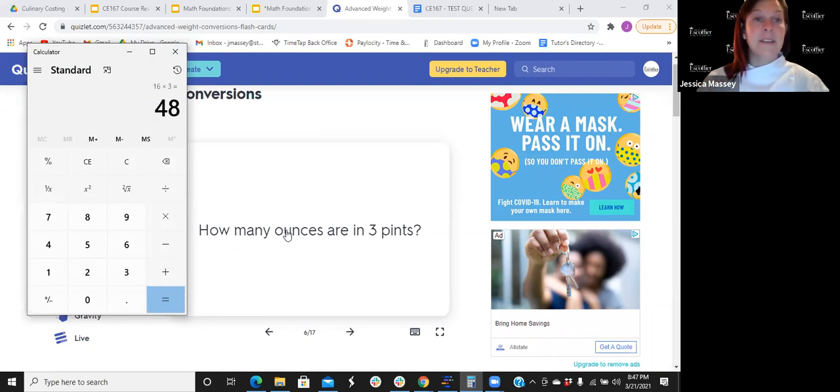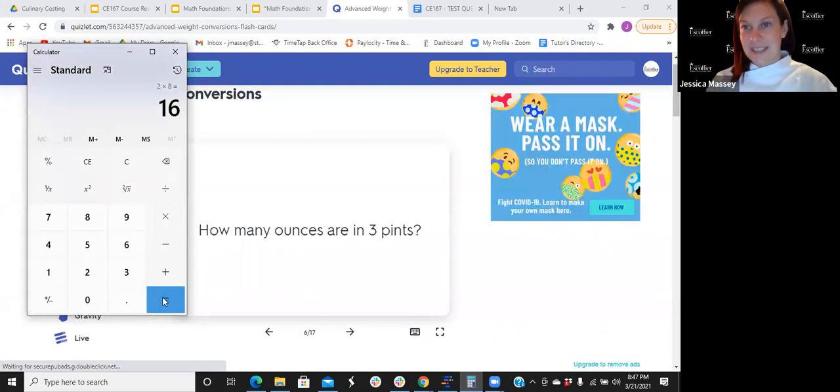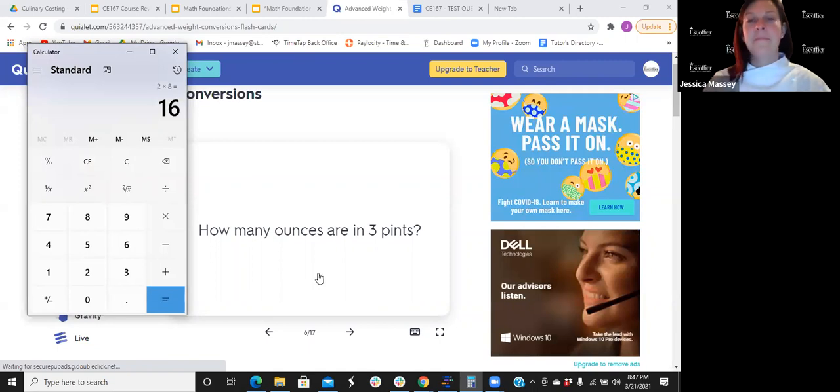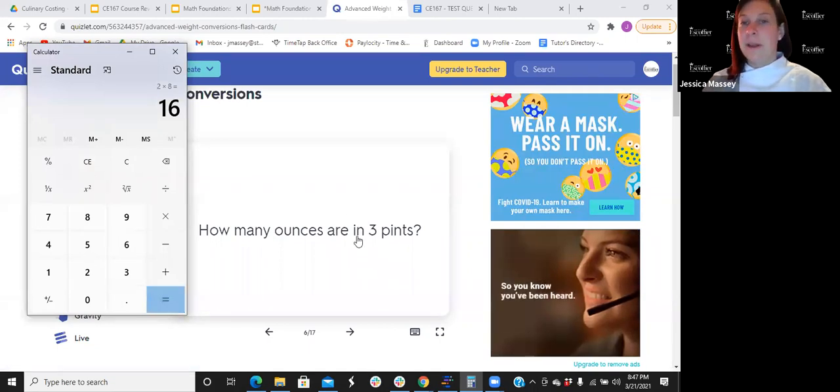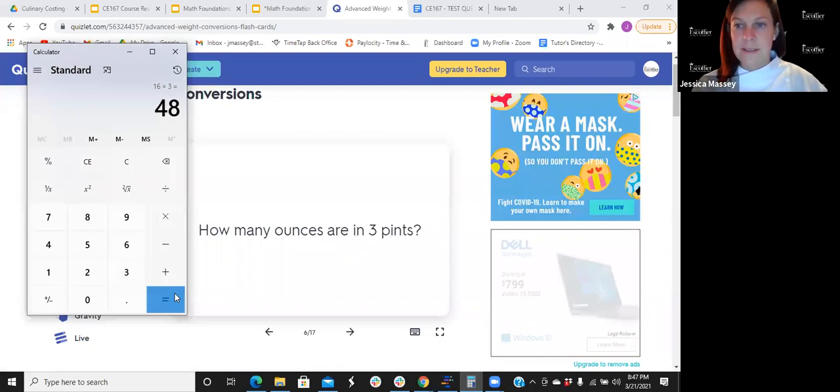You can take your 2 cups times your 8 ounces, which equals 16 ounces in 1 pint. Then you would multiply that by your 3 pints. So each pint has 16 ounces, 16 times 3, and you get 48 ounces.